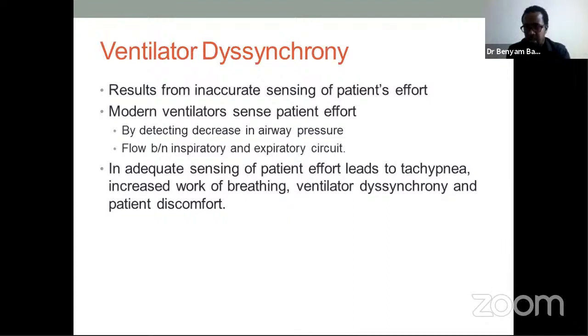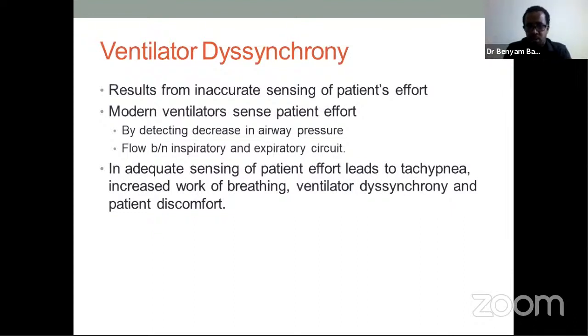The next cycling would be after the flow delivered during inspiration comes out as expiration. When the difference between the inspiratory and expiratory flow reaches 25%, the machine will cycle back to inspiration.